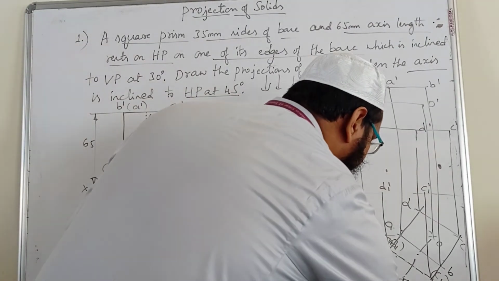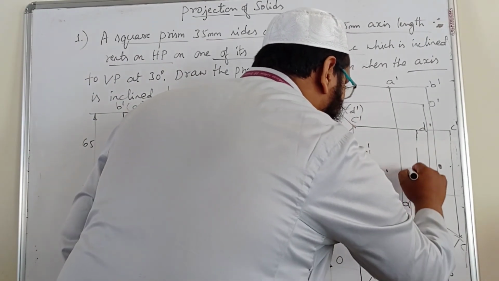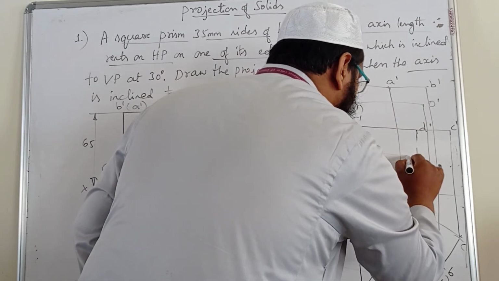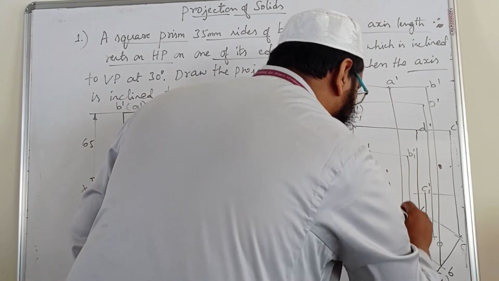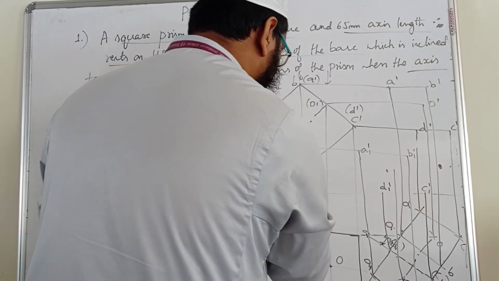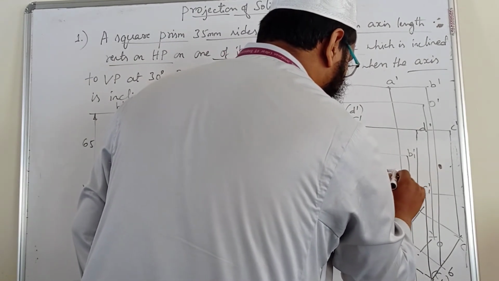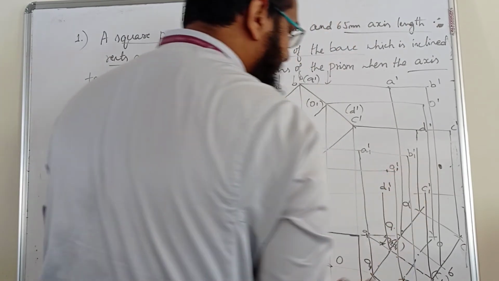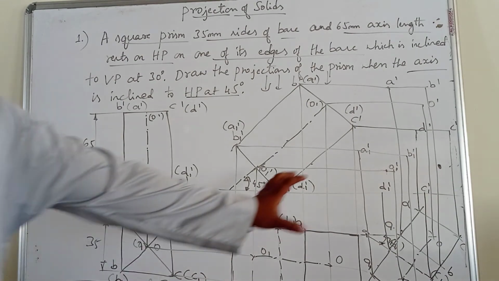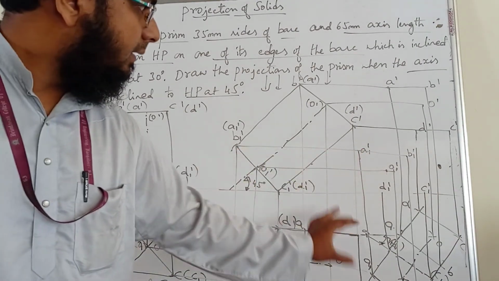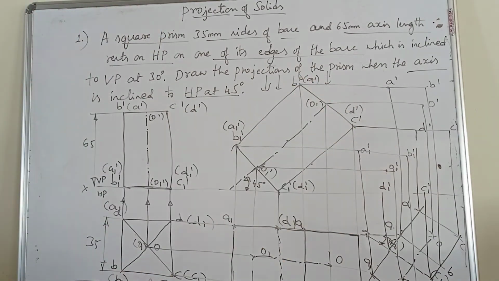Similarly, this is B1 dash, and exactly here we have O1 dash. Now we are done with both bottom face notations and top face notations. This is how we have to do it.